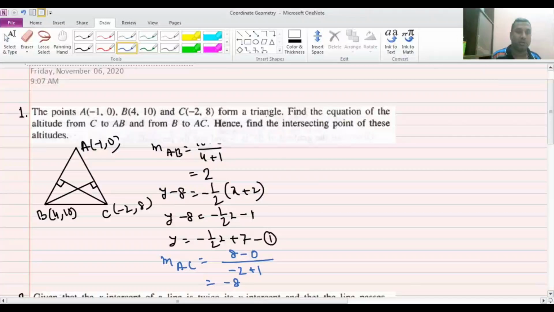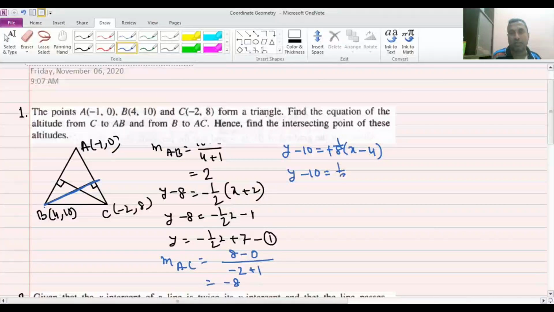Since the altitude from B is perpendicular to AC, and the gradient of AC is -8, the perpendicular gradient will be 1/8. Since it is passing through B, the equation of the straight line will be y - 10 = 1/8 (x - 4). Sorry, it should be 1/8.